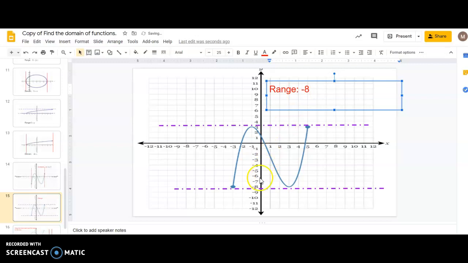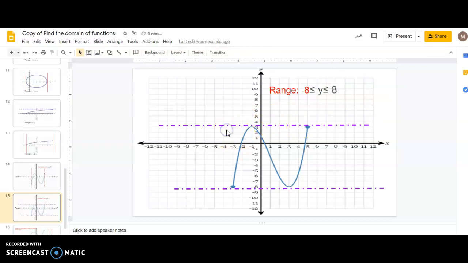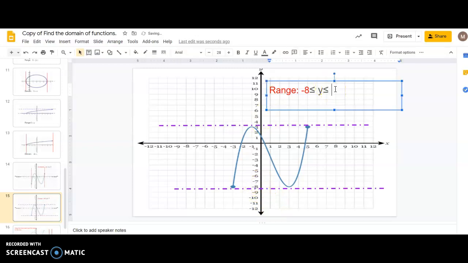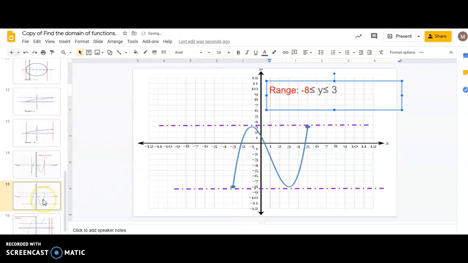And it's equal to, because I have a closed circle here and I have a solid line there. So it is equal to, we're talking about range, so that's y, less than or equal to, another equal to because it's touching and it's touching, so that's +3, like that. So the range is from -8, oh, why did I put +8? Whoops. From -8 to +3.